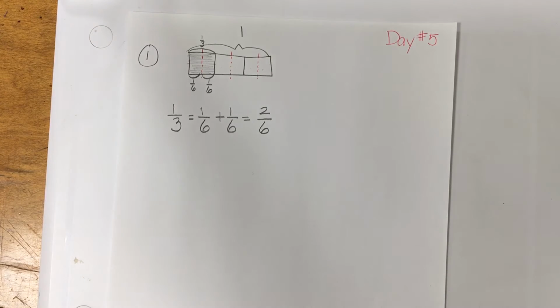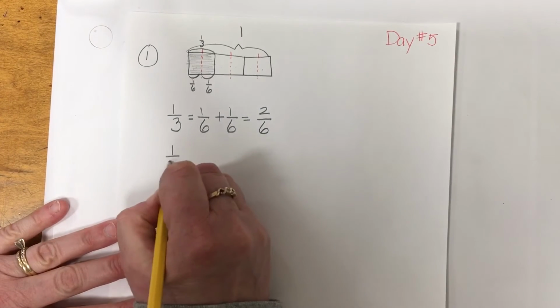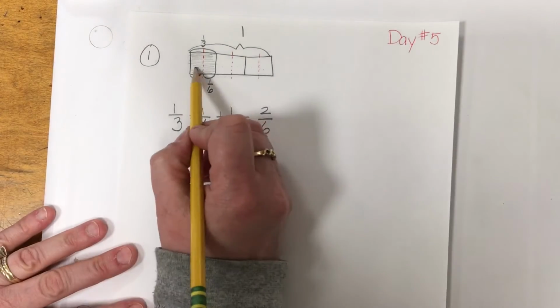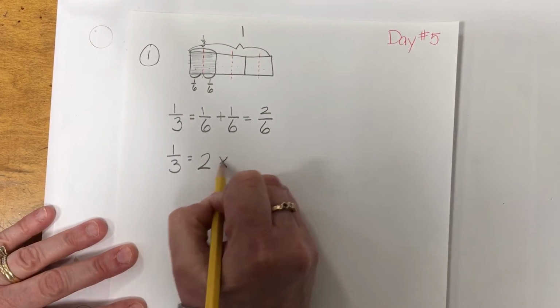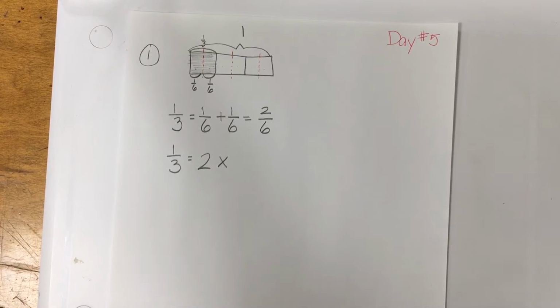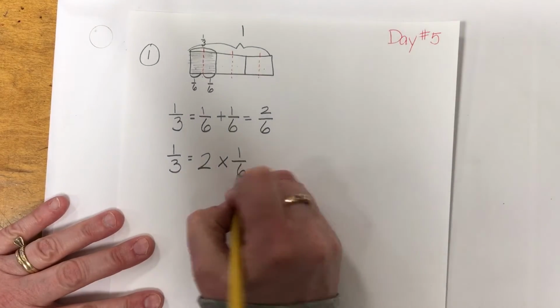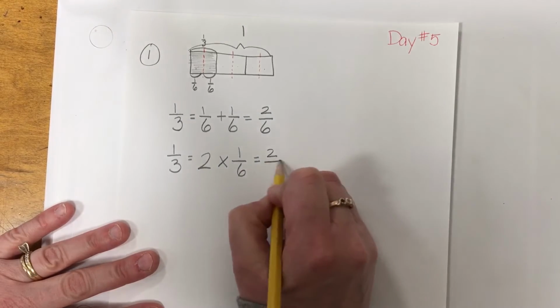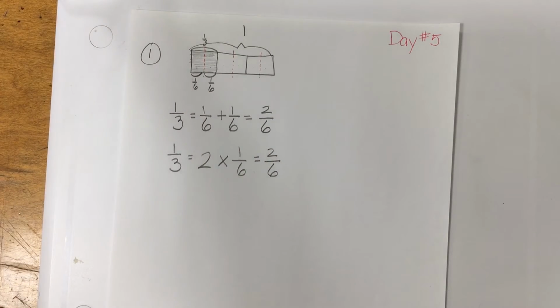Can I write this as a multiplication sentence? Absolutely. We're building on what we learned yesterday. I had 1/3. Now I have 2 parts times what they're each worth, 1/6. And when you multiply that together, you get 2/6.